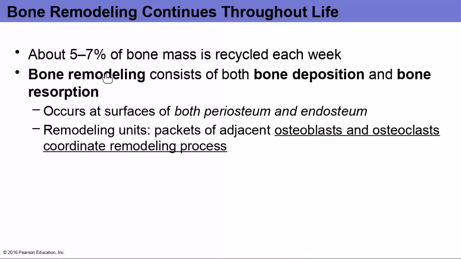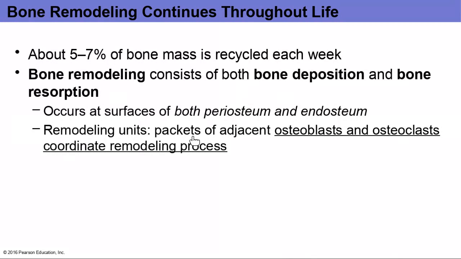So bone remodeling, what is it? It's really consisting of an interplay between bone deposition by osteoblasts and bone resorption by osteoclasts. Most of this activity involved with remodeling is going to be taking place near the periosteum and endosteum of bone.